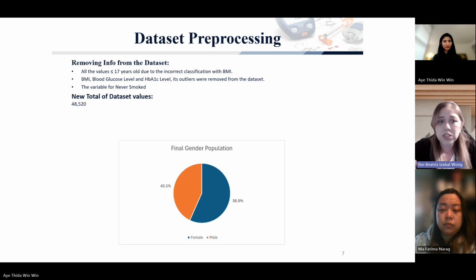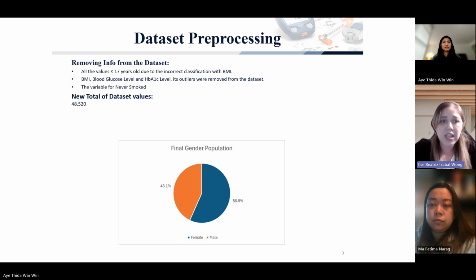So we needed to remove all of those aged 17 years or under, because they were incorrectly classified with BMI, since these people are supposed to be classified with percentiles. So we removed all of these. Then we removed all the outliers that we previously identified, and we also removed the never smoked category to make it cleaner.